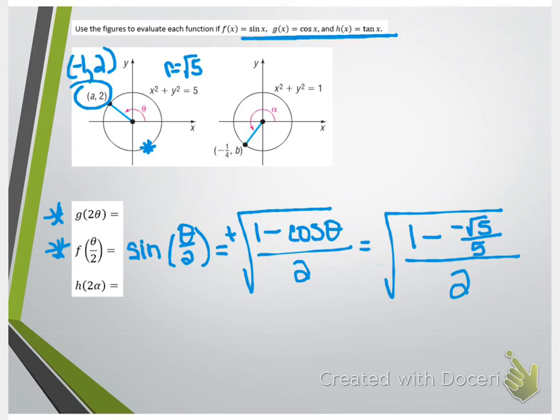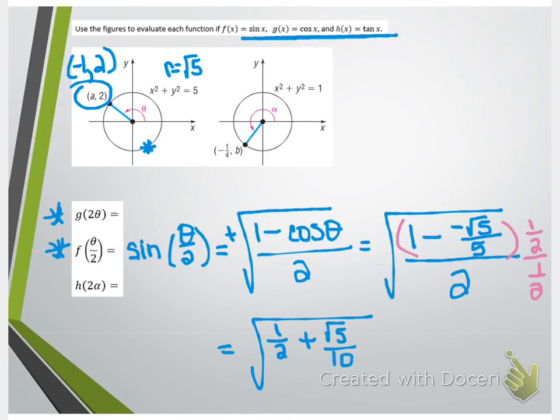Oh boy, so we've got to clean that up. Let's multiply through by 1/2. That's what we did on the other one. Let's try it again here. Let's multiply on top and bottom by 1/2. So that's the big square root of 1/2 plus root 5 over 10, over 1.